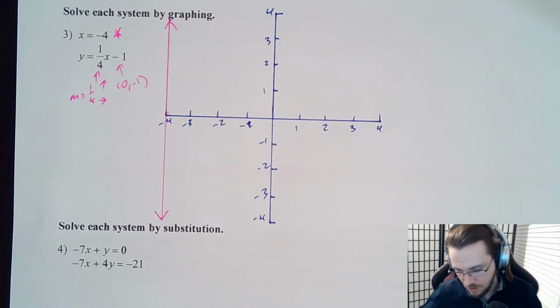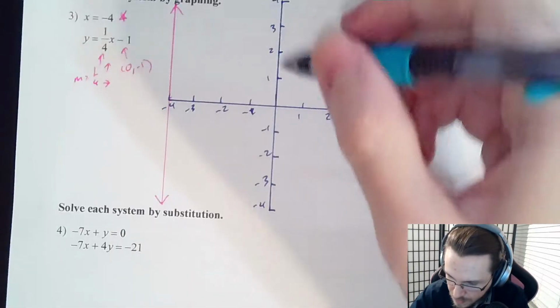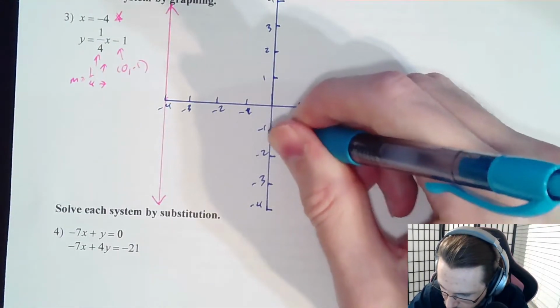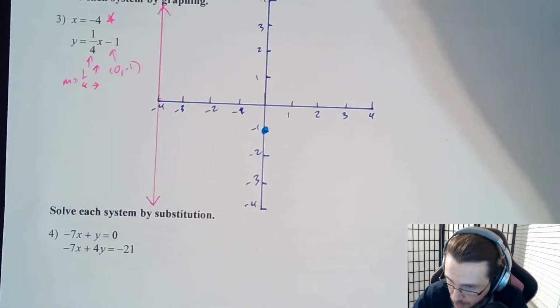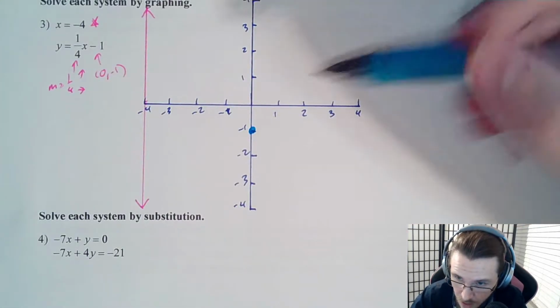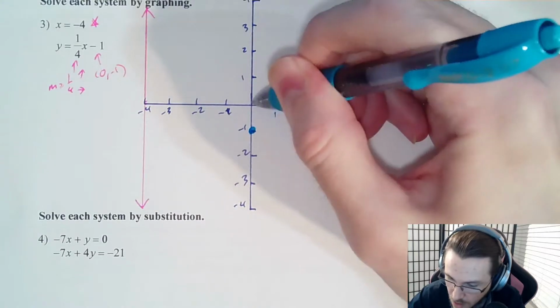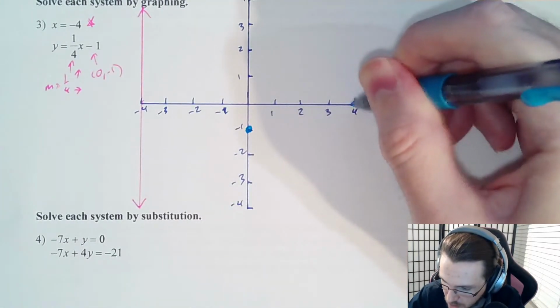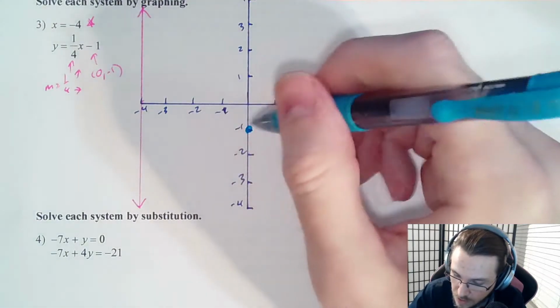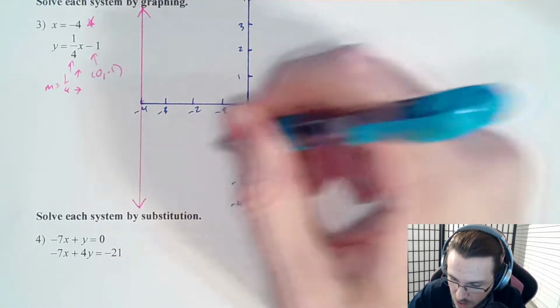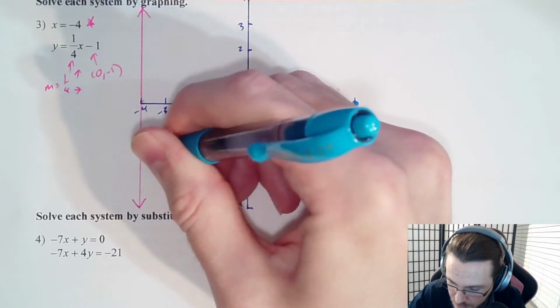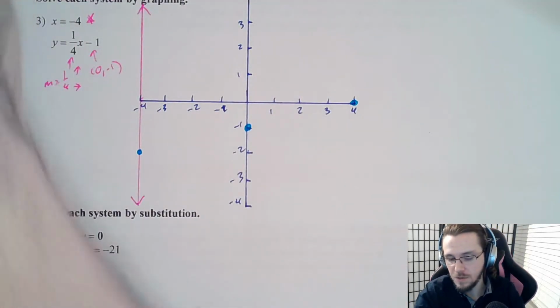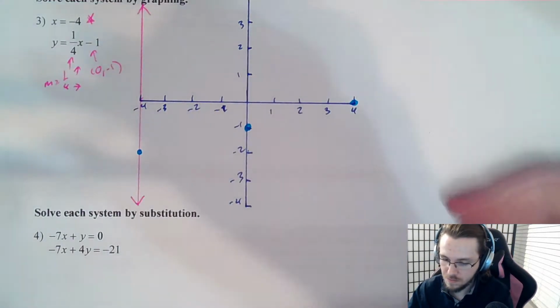We're going to go with this cutesy little blue. 0, -1 is down there, and then we go up 1 and to the right 4. So up 1, right 4 is going to give us right here. Likewise, we could also go down 1 and to the left 4. You just play connect the dots.